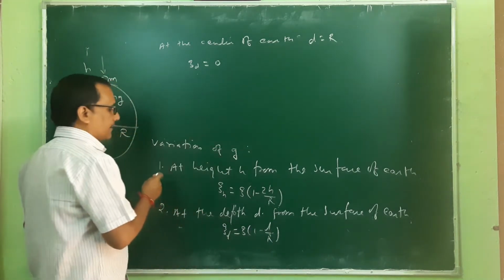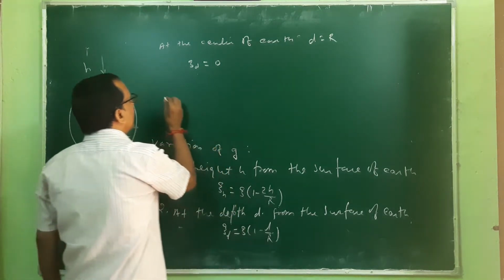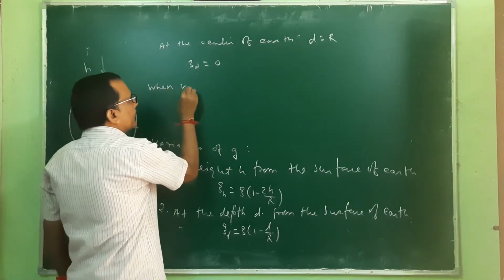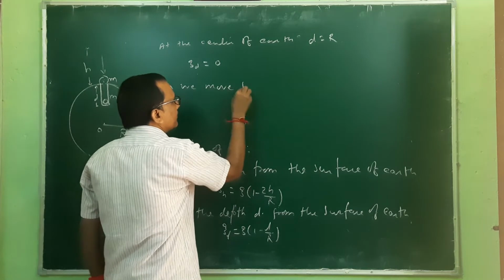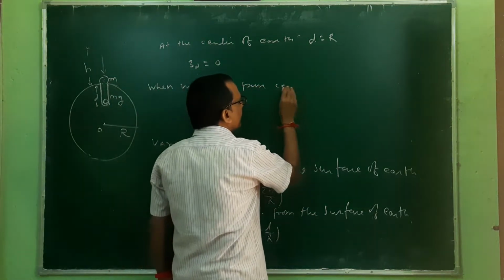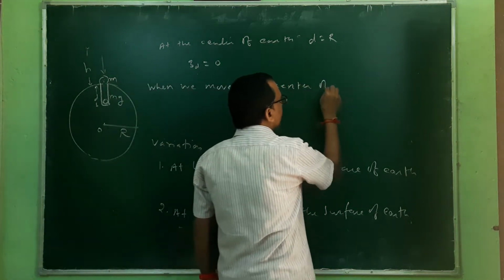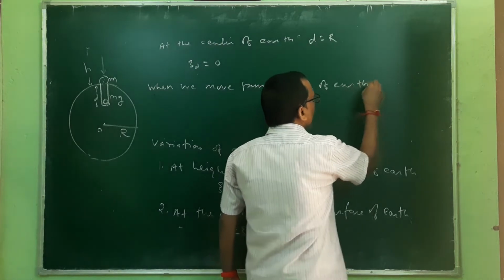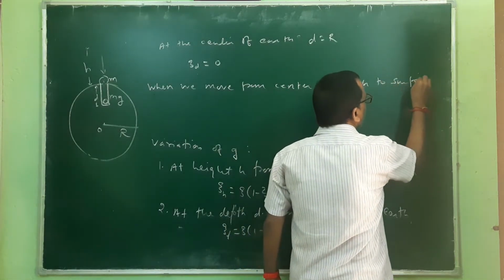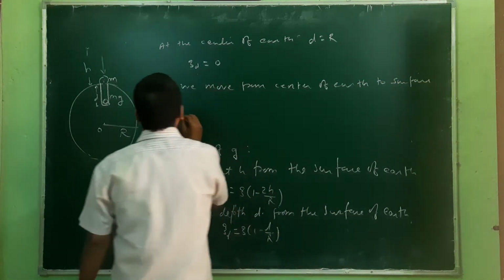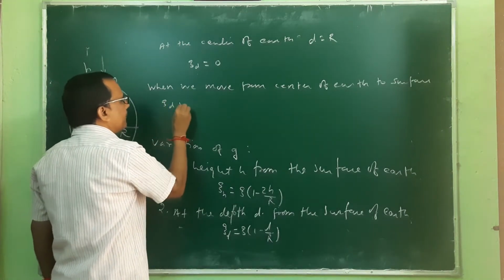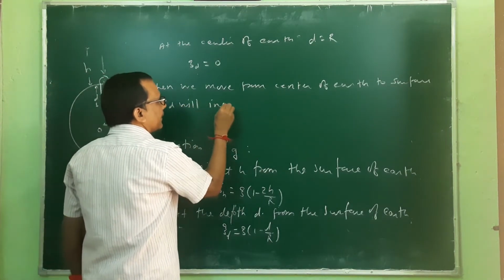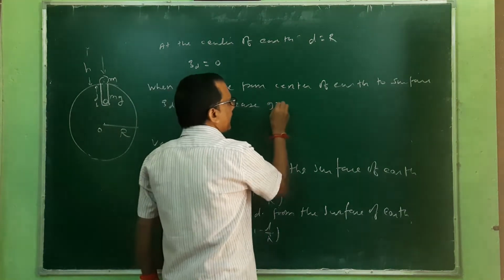When we move from the center of Earth to the surface, g d will increase gradually.